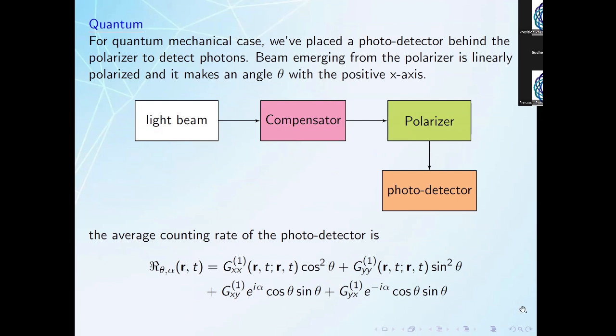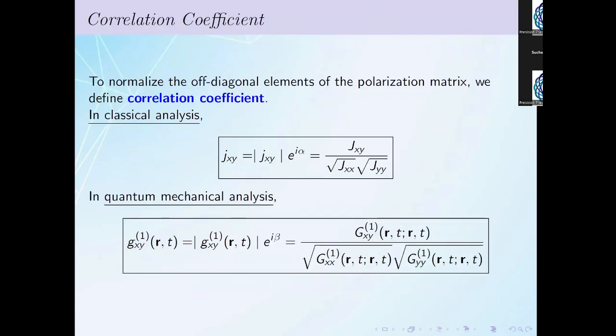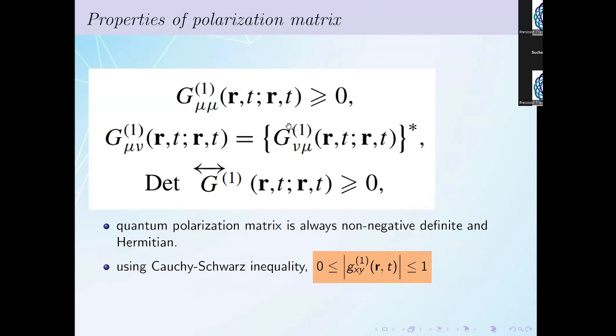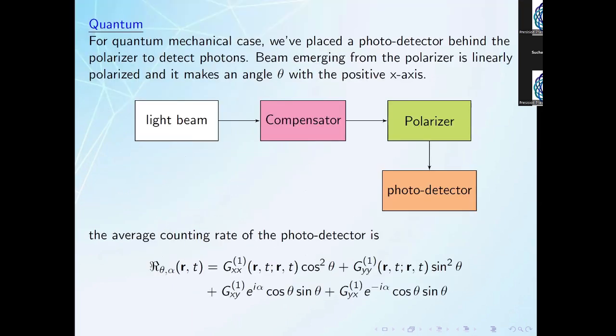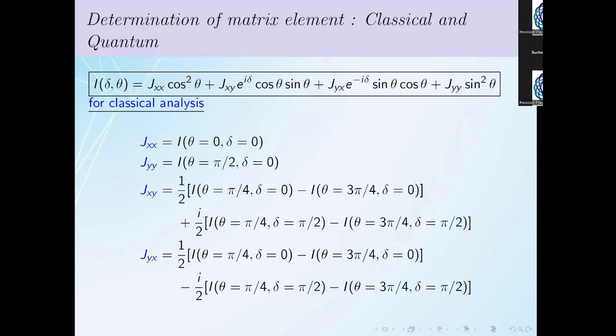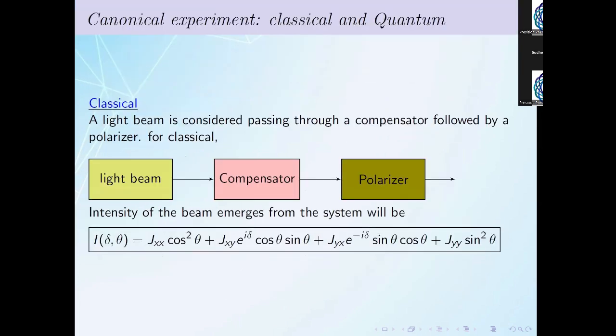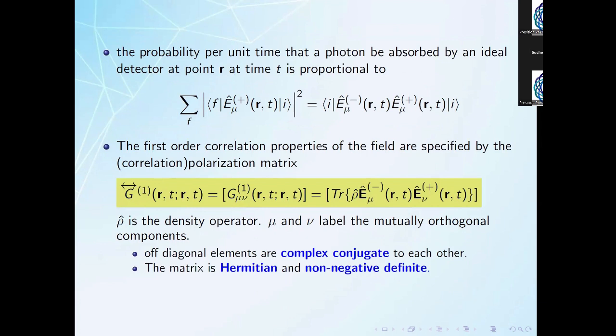Using these properties, we can get the correlation coefficient, and I have calculated it using these properties from the counting rate. What does the one denote? One denotes the first order correlation properties.